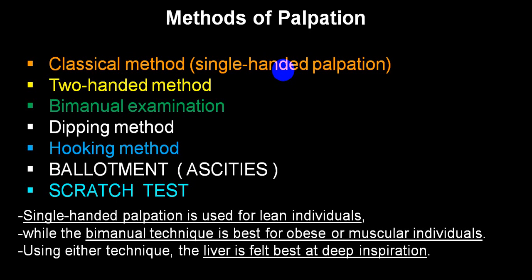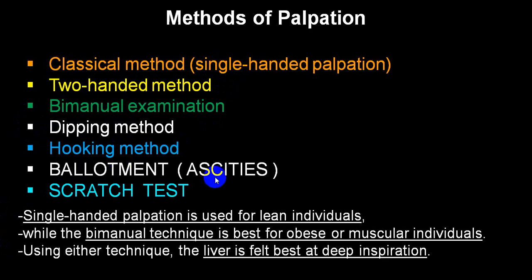I already mentioned that in a case of kidney palpation, where there is a posterior structure, you use what we call bimanual palpation. I've already told you the hooking method is mainly for a palpable liver or spleen which you are not able to identify even by the two-hand method or deep palpation.